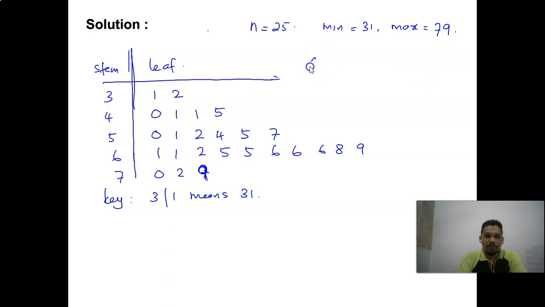So the first quartile equals 1 over 4 times the number of observations, which is 25, equal to 6.25.